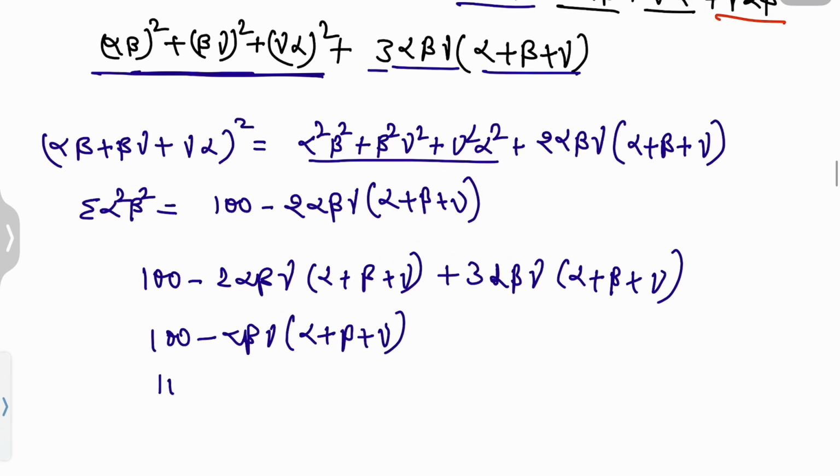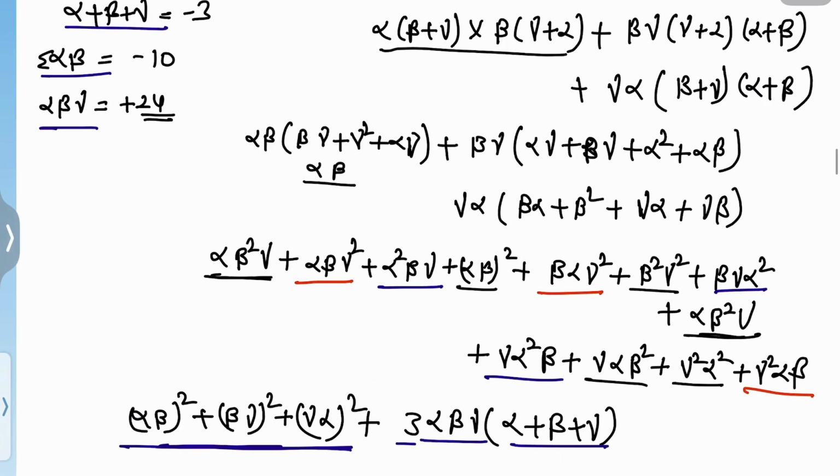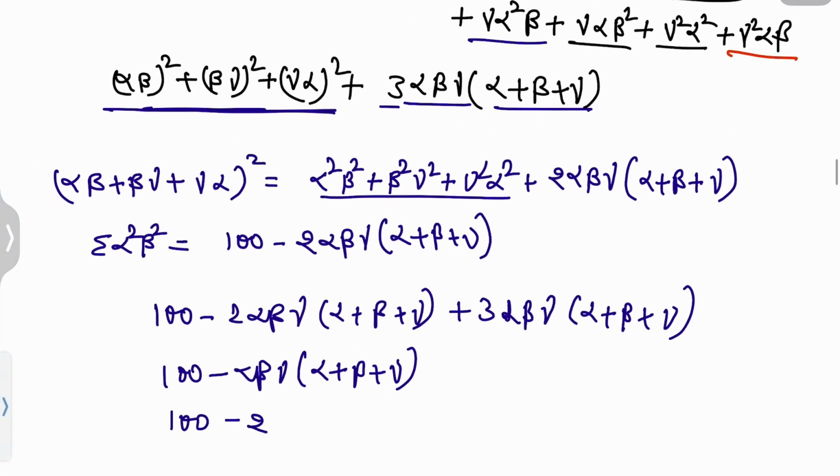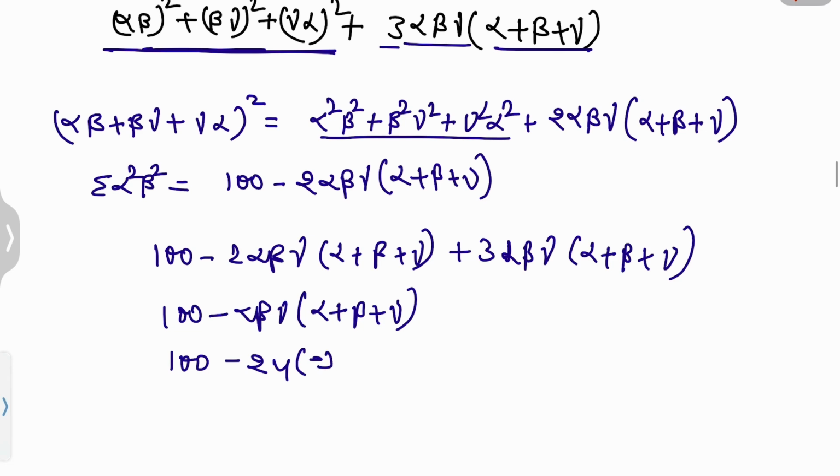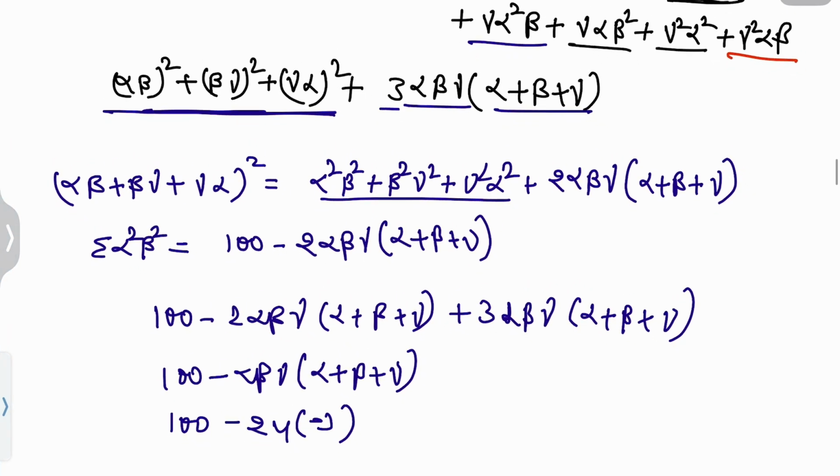How to find that? 100 minus alpha beta gamma, alpha into beta into gamma is 24, right? Alpha plus beta plus gamma is minus 3. So the answer is easy. Sorry, it is a plus, not a minus, because of the 3 times and the 2 times.